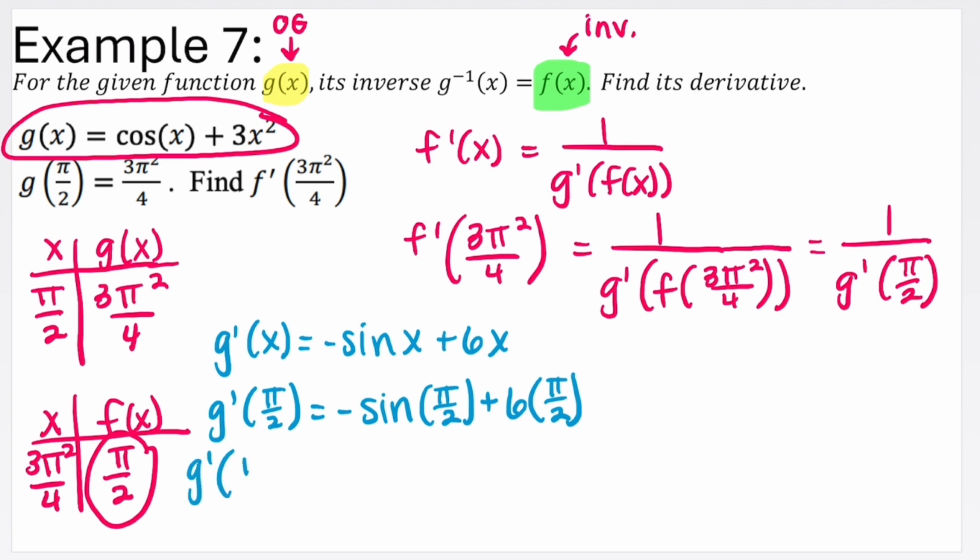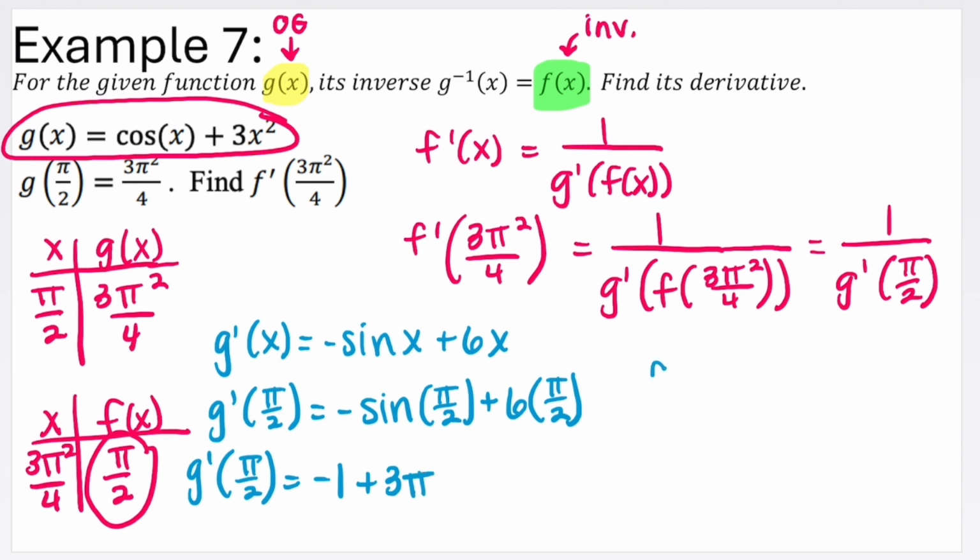So g prime of pi over 2 is going to be negative sine of pi over 2. Sine of pi over 2 is just going to be 1, so it's going to be negative 1. And then 6 pi over 2 is going to be 3 pi. So it'll be negative 1 plus 3 pi.